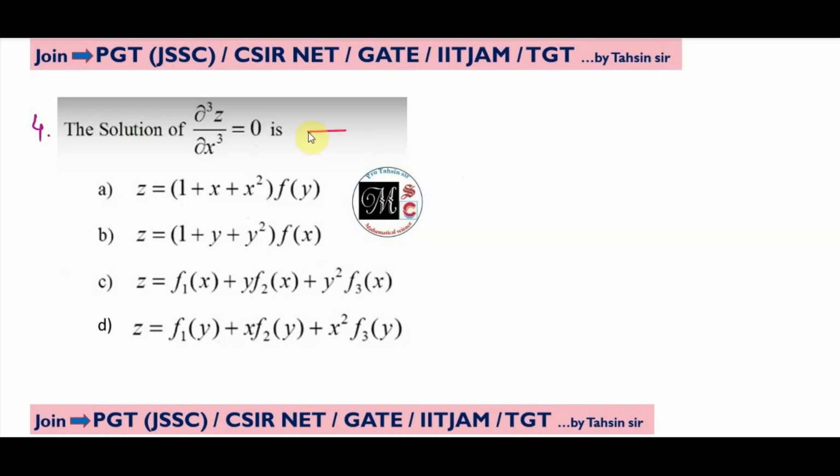So the first integration gives the second order derivative equal to a constant, right. Now this constant, if we differentiate it with respect to x, is a constant in the form of y, so it is equal to f(y), right.